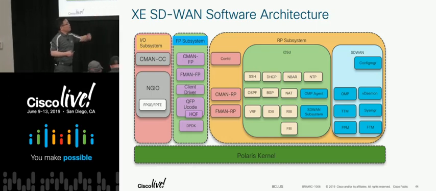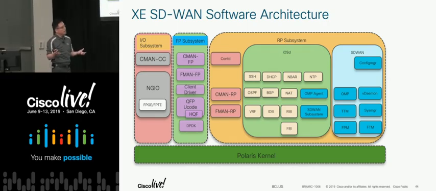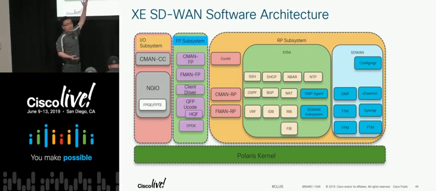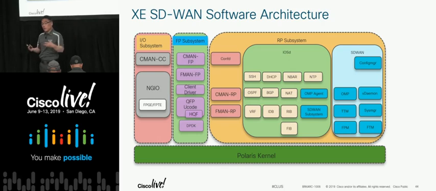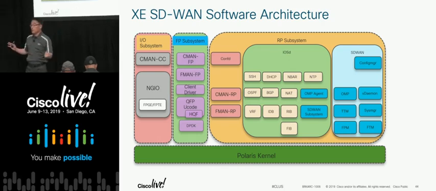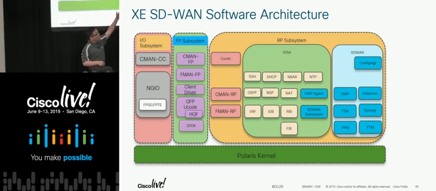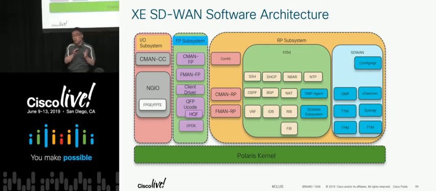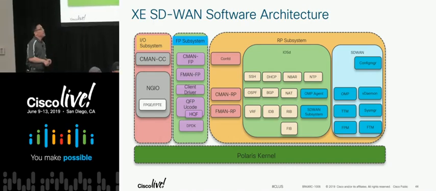And another process is called the SD-WAN subsystem. IOS is the host of all the interface configuration. When an interface comes up, it gets registered in IOS. IOS is also used to configure all the VRFs, and so on. The SD-WAN subsystem is the process that synchronizes that information from IOS to the SD-WAN.